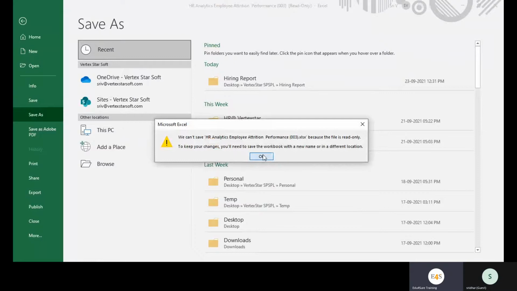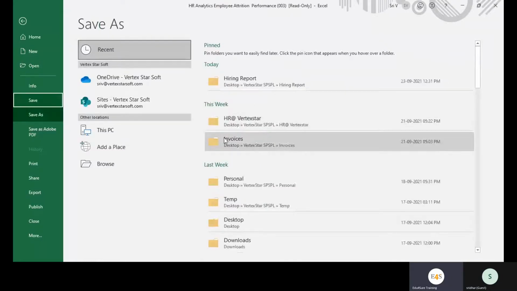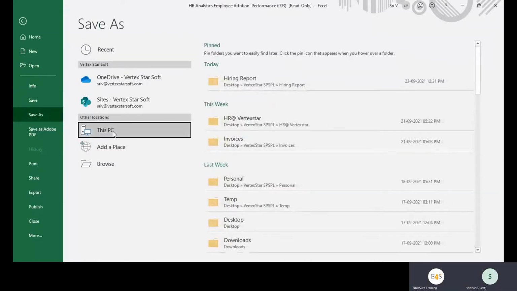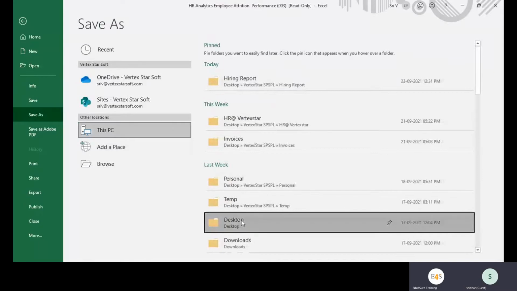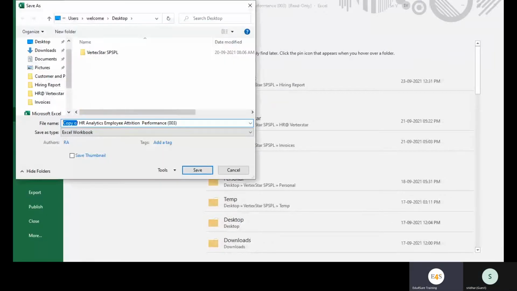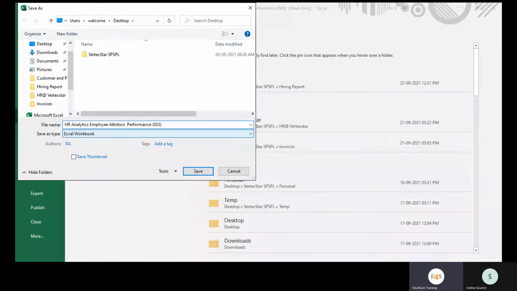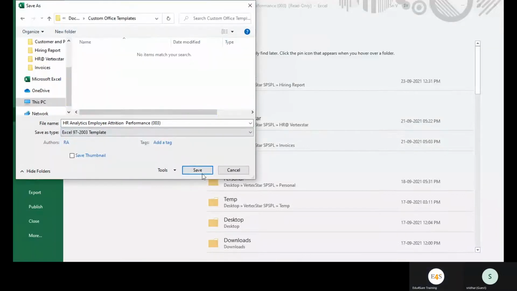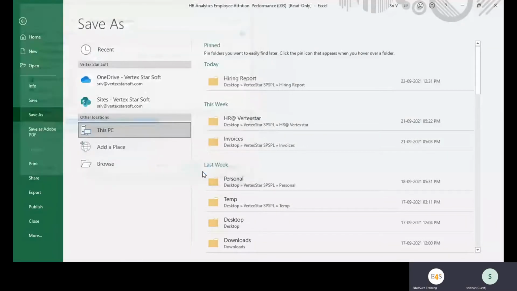Select This PC. You need to click on save as, which is what you are doing. Can you please close the sheet and open it again if not? Okay, save it this way, Excel. Yes, try this once. Yes, it has been saved.